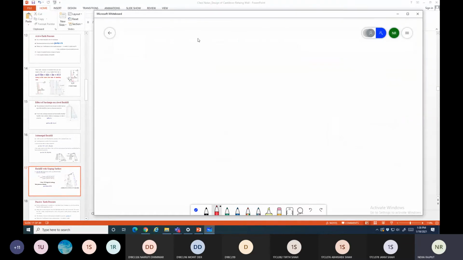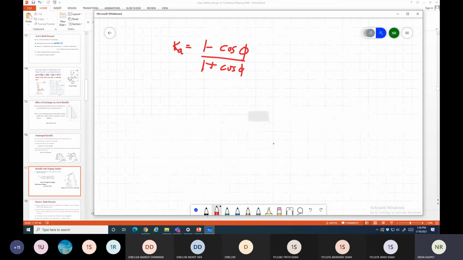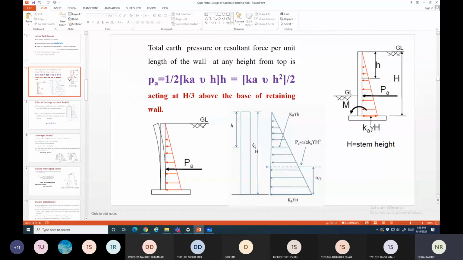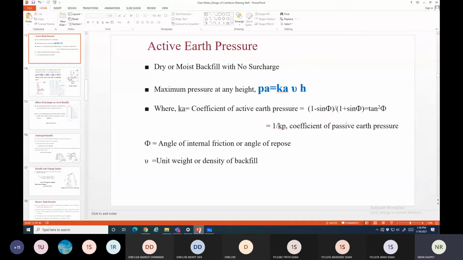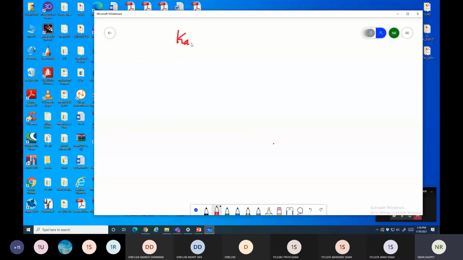If your soil mass is horizontal, then the Ka equation is 1 minus sin phi upon 1 plus sin phi. This is for the horizontal backfill.